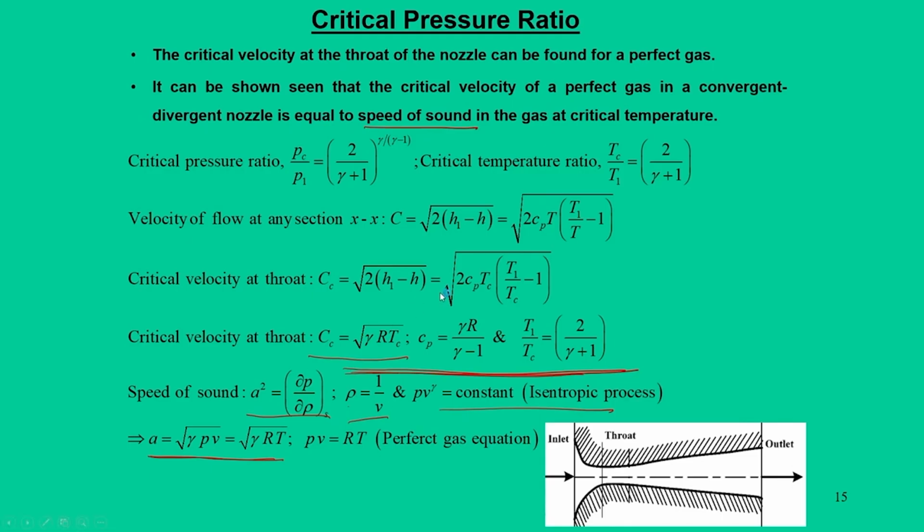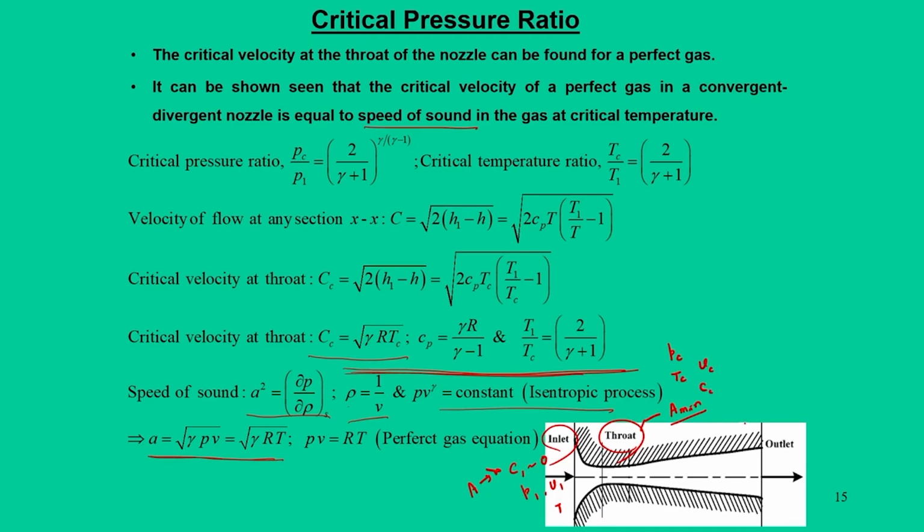We will stop our discussion by considering that we are only bothered about two things. One is what happens at the inlet conditions, where typically C1 tends to 0 and the initial conditions are given as P1, specific volume 1, temperature 1. The other is the throat conditions, where we have a minimum area, and here the area goes to infinity elsewhere. At the throat, the properties are defined by critical pressure, critical temperature, critical specific volume, followed by critical velocity.